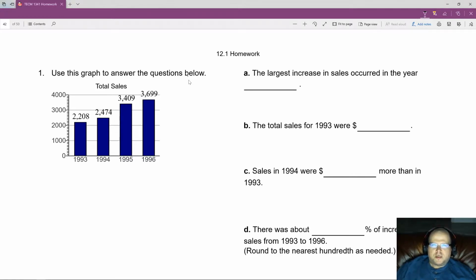12.1 homework. The largest increase in sales occurred in this year. So we look at all these graphs, and we're going to have to take the differences of all of those graphs.